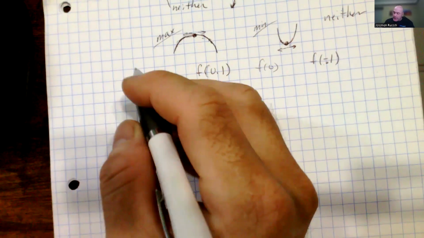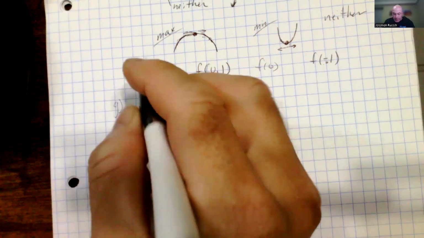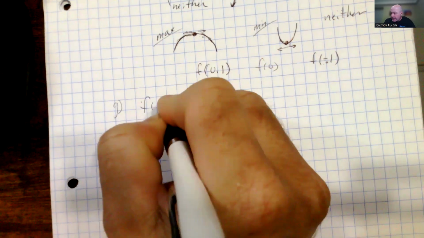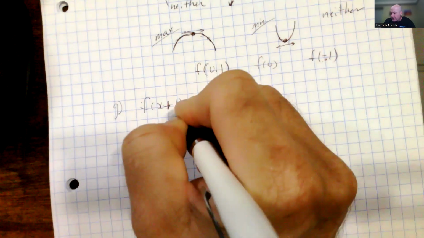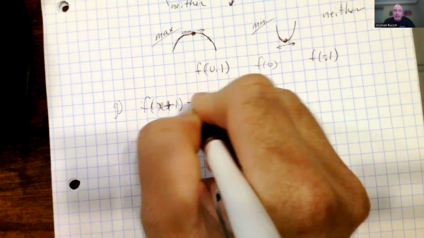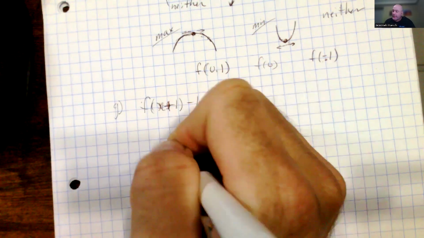Okay, looking at g here, we want to graph f of x plus 1, and then subtract 1 from it. So we're going to learn how these parameters shift our graph around.